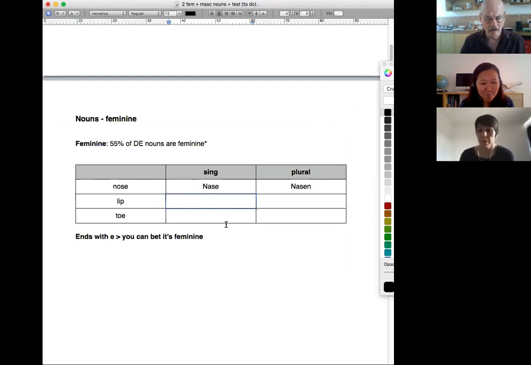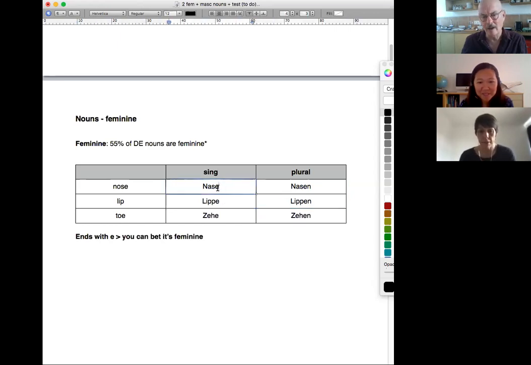Lippe. And what's two lips? Lippen. And what's a toe? Zehe. What's more than one toe? Zehen. So what's the pattern? All E-E-N. E's and then ends in N, E-N.